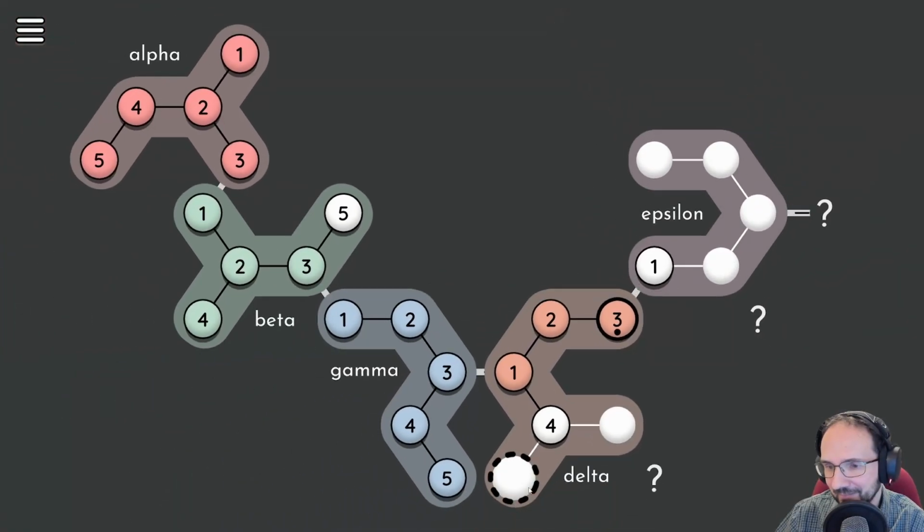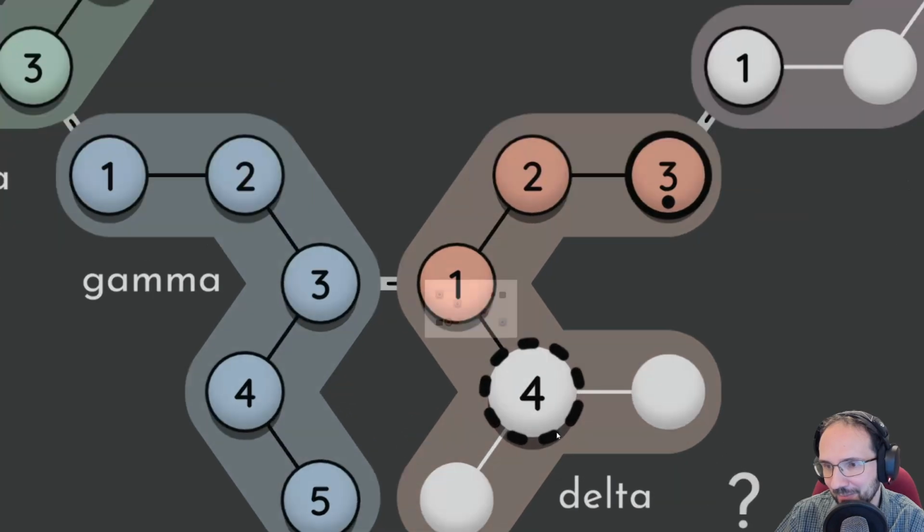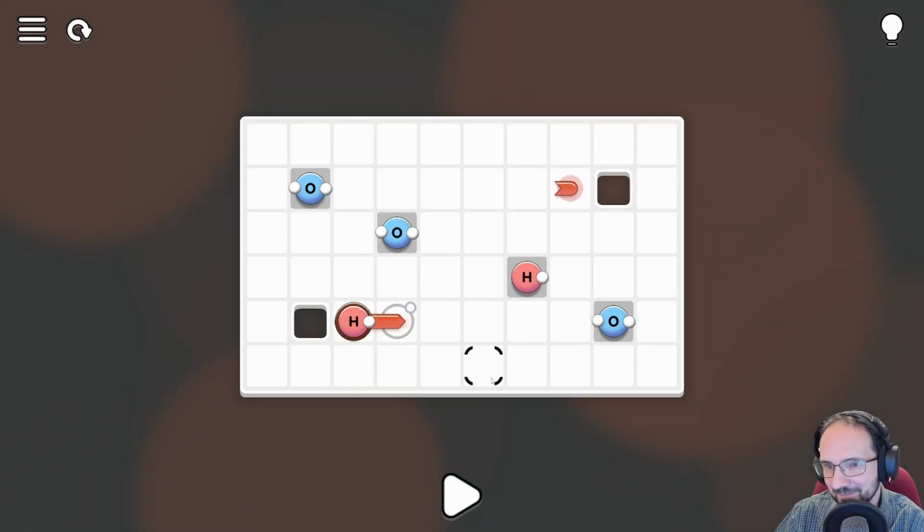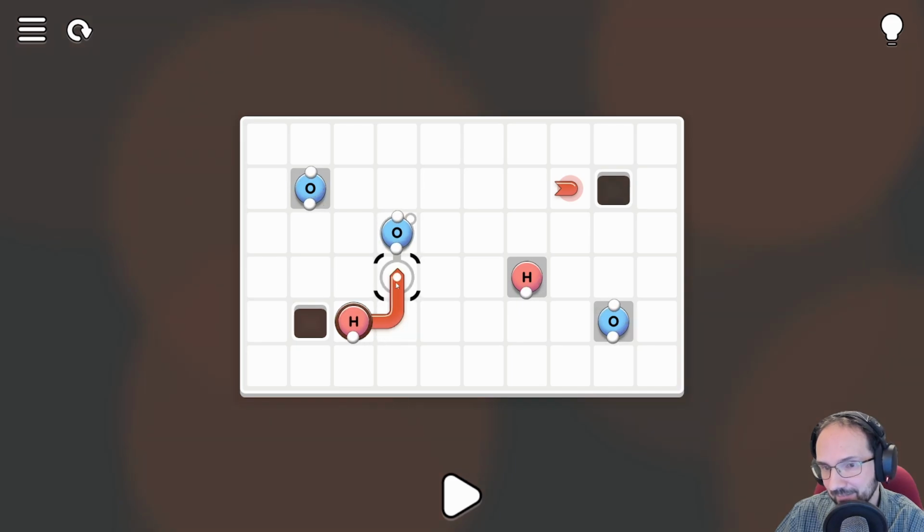Epsilon. Let's do one more delta first. Okay. So we can't have anything to the right of us. You wouldn't be to the right. We're also limited to only one thing above us.